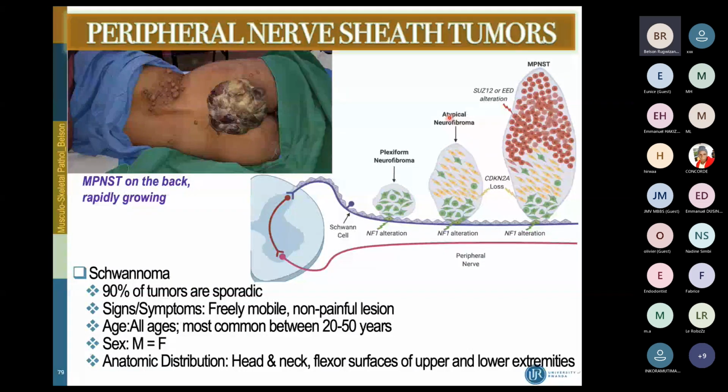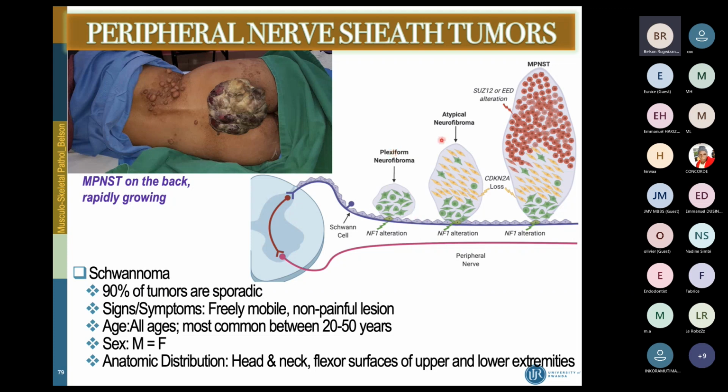Peripheral nerve sheath tumor ntabwo tuzivugaho cyane ariko ni nyinshi, harimo neurofibroma. Murabyibuka nabivuzeho ko iyo tubonye neurofibroma yitwa plexiform muri histology biba bisobanura ko umurwayi afite neurofibromatosis type 1, si familial syndrome.